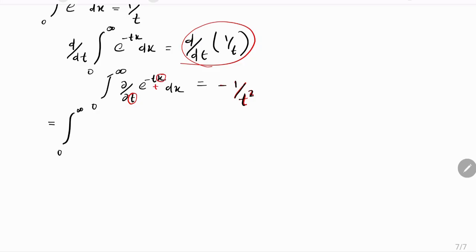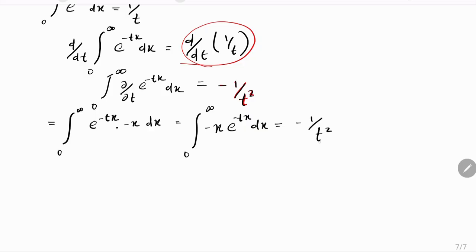So exponential minus tx into minus x dx, that is integral 0 to infinity of minus x into exponential minus tx dx, equal to minus 1 by t square.